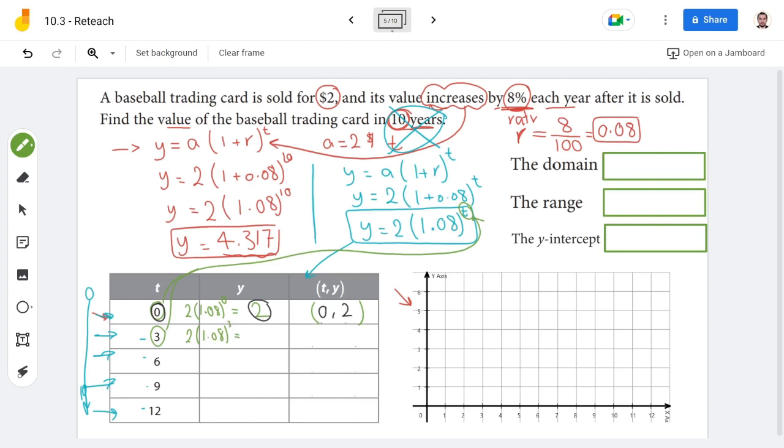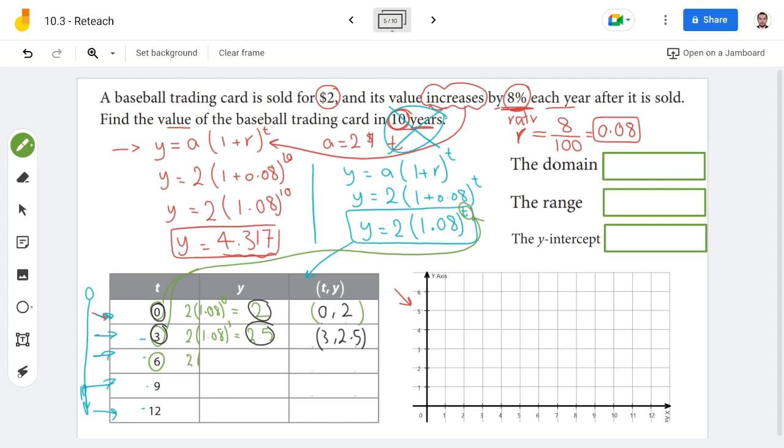You can use the calculator to find the answer, which is 2.5. Okay, let's say 2.5. Now you can take this one and put them here. So 3 and 2.5.